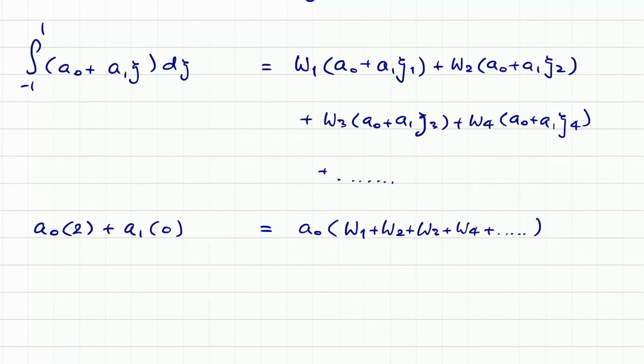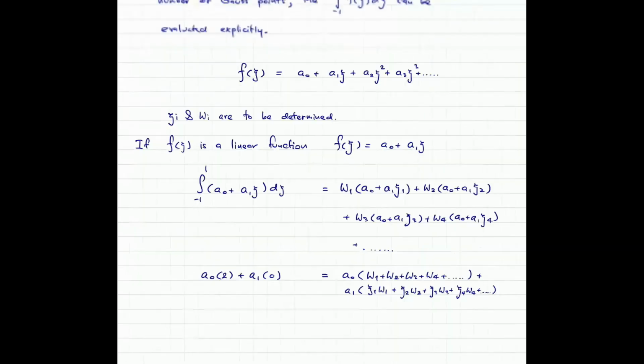And then plus a1 times, what do we have for a1? a1 times c1 w1 plus c2 w2 plus c3 w3 plus c4 w4 plus, so we have this form.